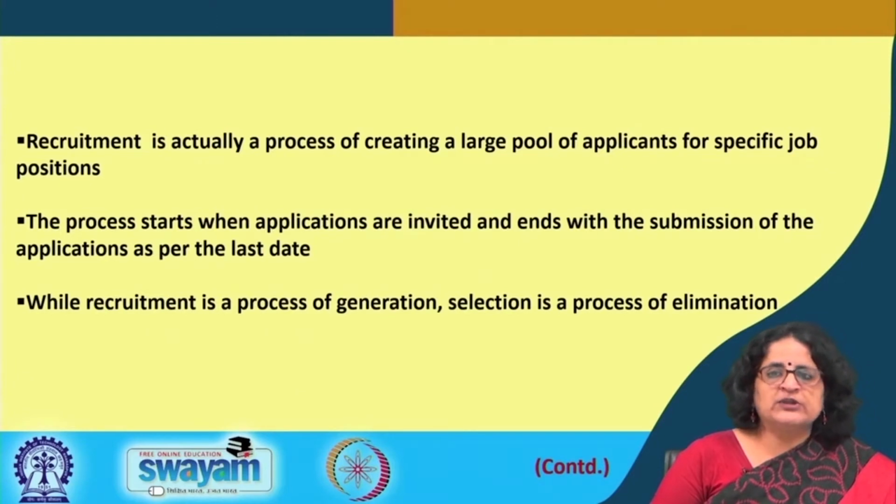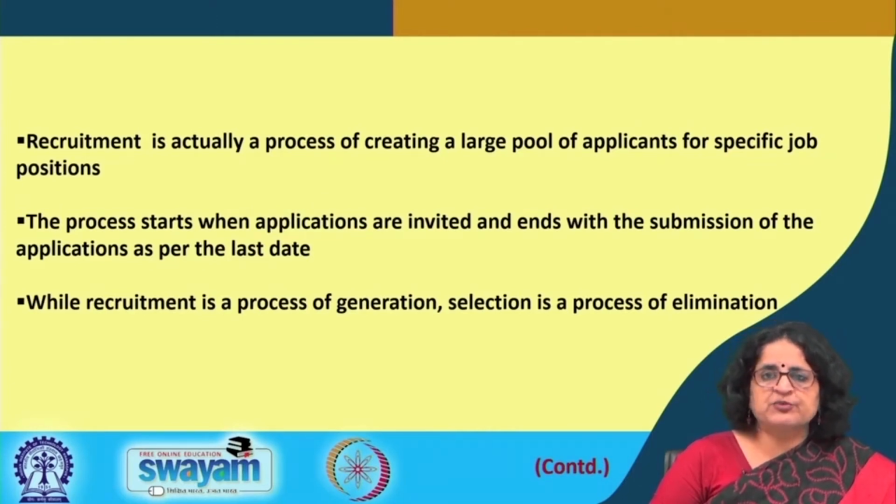It ends with the last date of applications or with the deadline, and the ultimate outcome of this is a large pool of recruits, from which the right kind of person, the best person, is selected. So, the selection takes place after recruitment is done or after the applications have been generated, and that is why we say that while recruitment is a process of generation of applications, selection is the process of elimination of candidates who are not as good as others, and it is actually the selection of the best candidate.